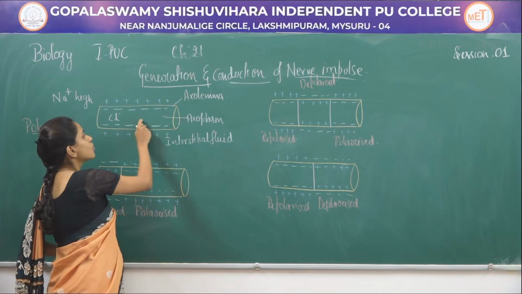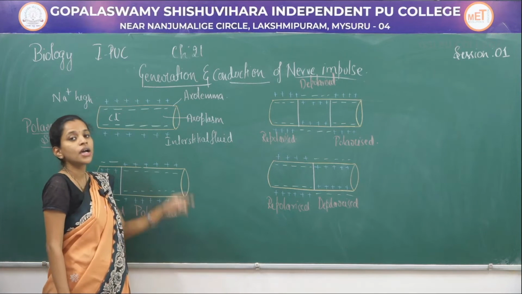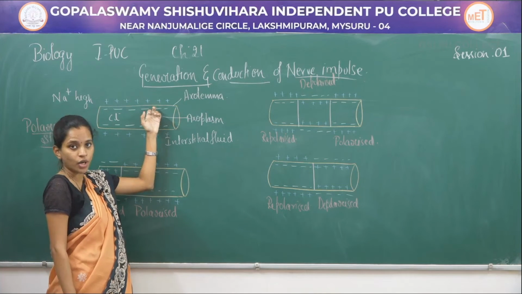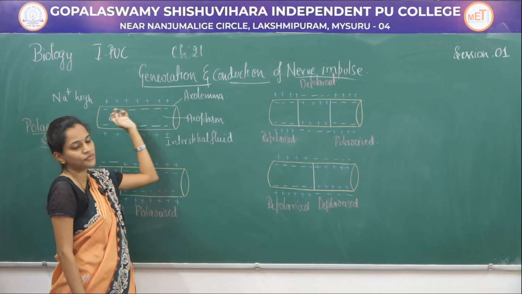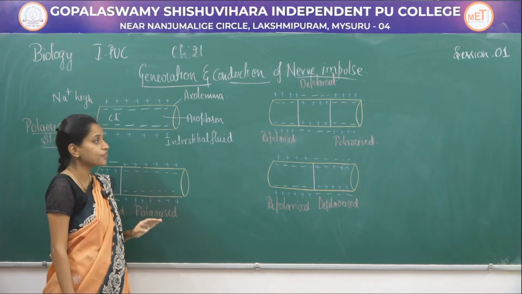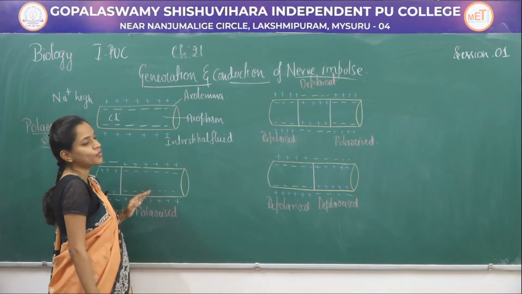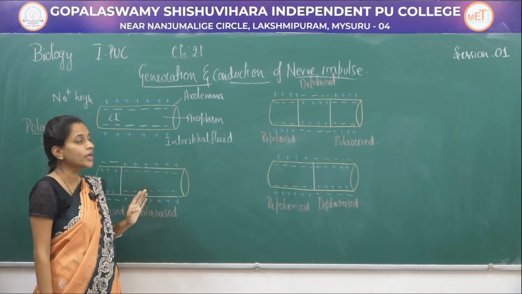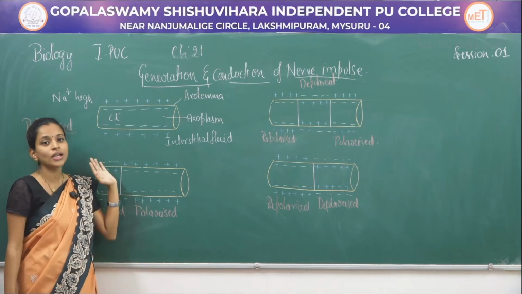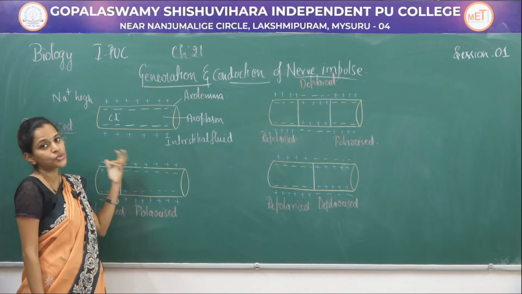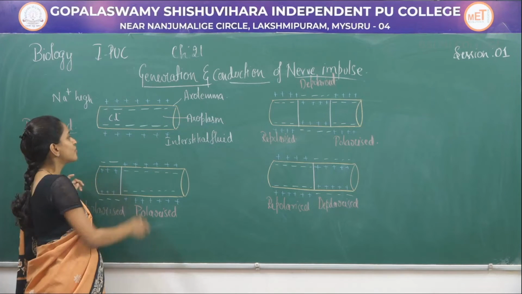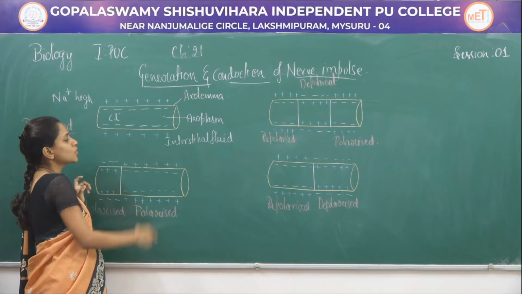So here, if you compare sodium and potassium, the chlorine amount will be more, because of which the axoplasm will be negatively charged. Whereas outside the axoplasm, that is in the interstitial fluid, the amount of chlorine will be less compared to sodium and potassium, because of which there will be a positive charge.